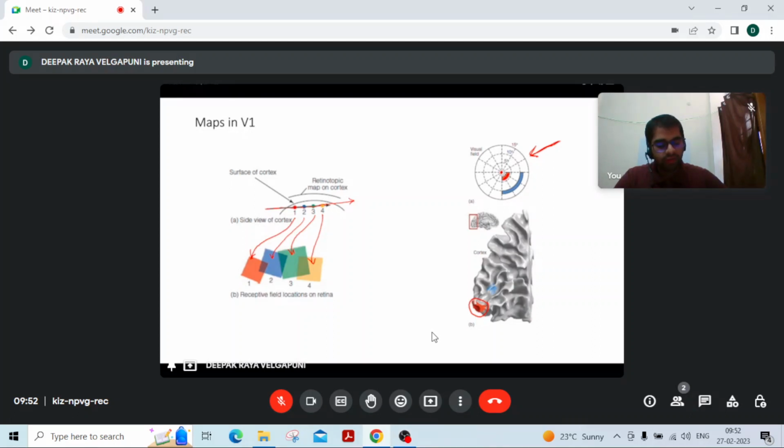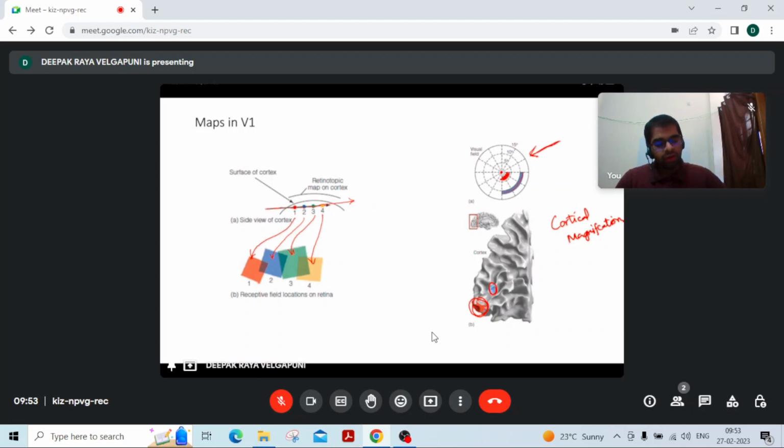As you go far away from the center, the amount of area that processes this part reduces. So this is called cortical magnification. The points closer take this larger space. So this kind of thing is called cortical magnification, and one can calculate the factor of this, like how much this point is magnified in the cortical space.